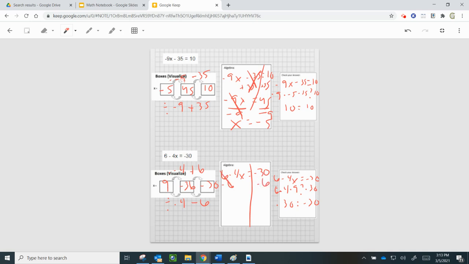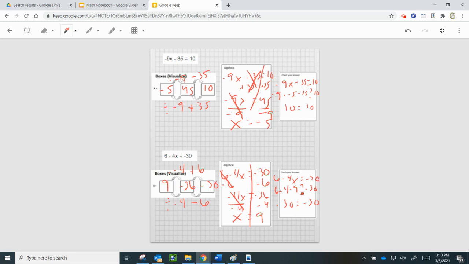Those go away, and I have negative 4x. Don't lose your negative, right? It's still there. We didn't get rid of it. And then negative 30 minus 6 was negative 36. And then there's multiply, so I've got to divide. And I get that x equals 9. And again, I could check, but I already did that, so I know that 9 is the answer.